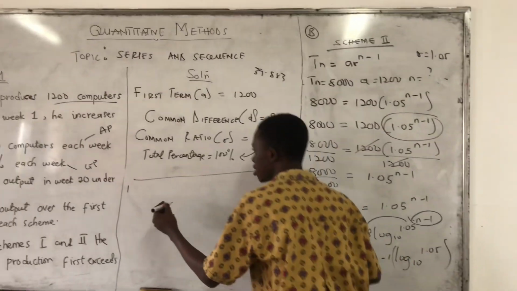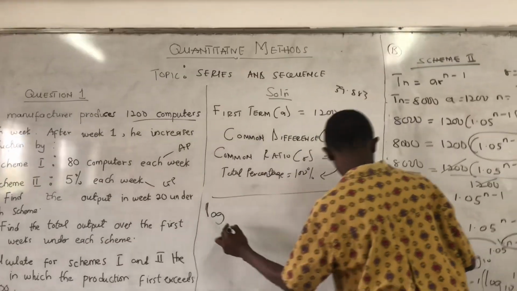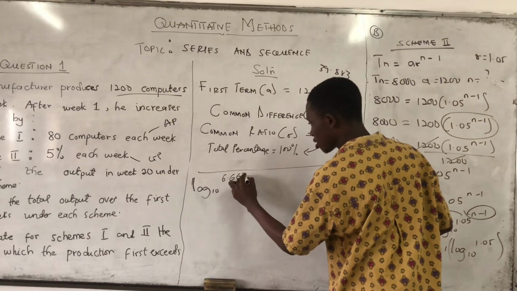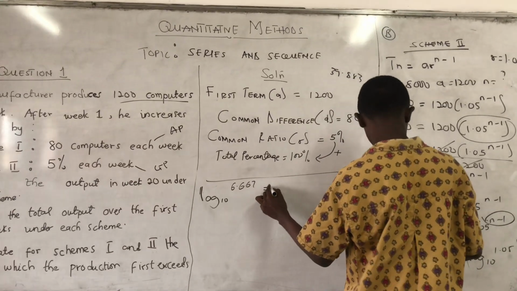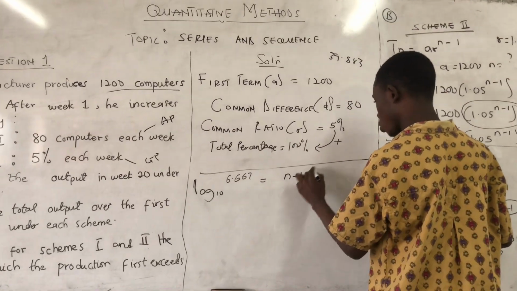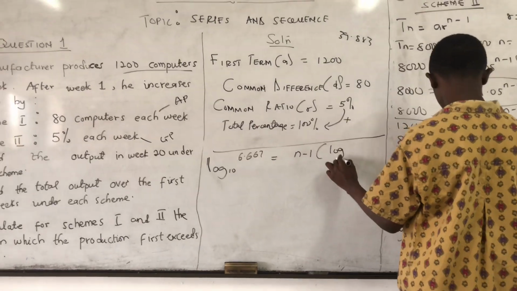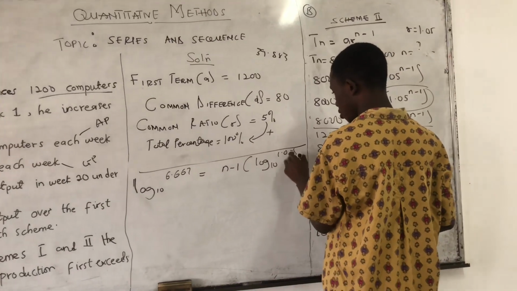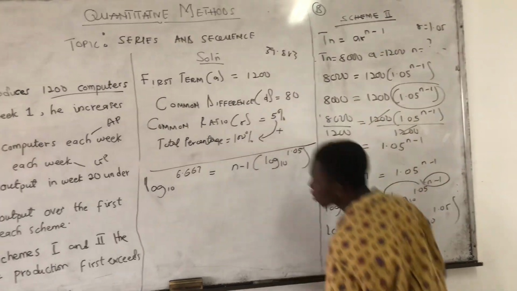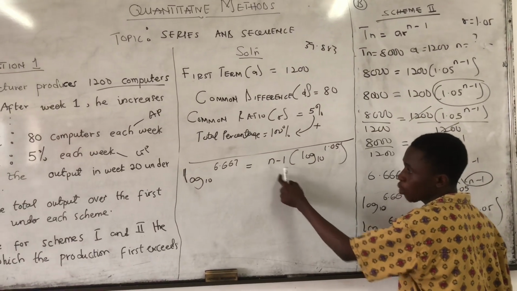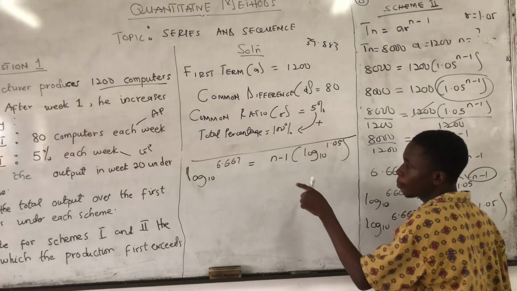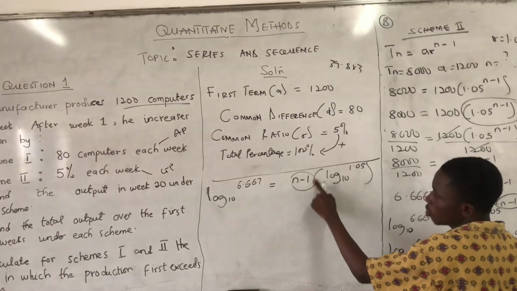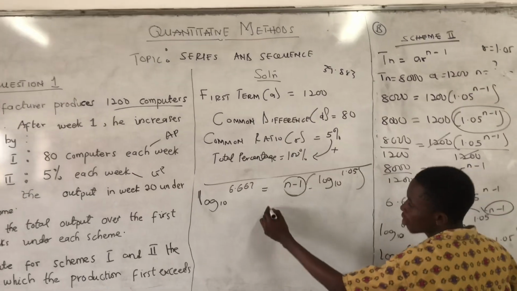So let me rewrite this here. We have log 10 of 6.667 is equal to n minus 1 log 1.05 base 10. But what am I looking for? N. What I'm going to do is divide both sides by the coefficient of n minus 1. This is together, so I'm going to maintain it.